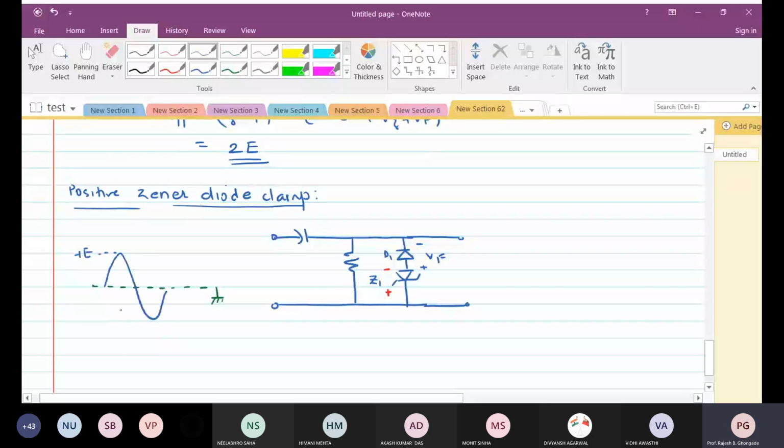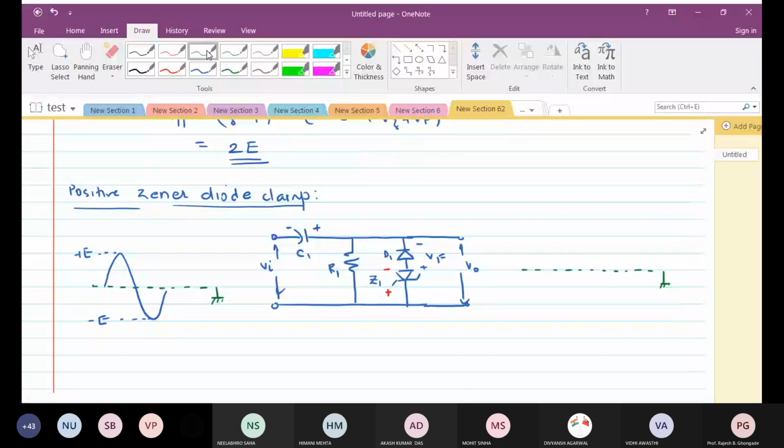This is plus E again, minus E. So your output will be something like this.